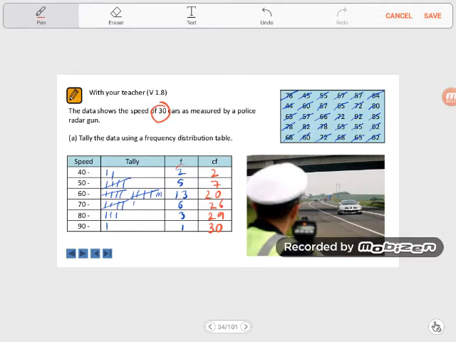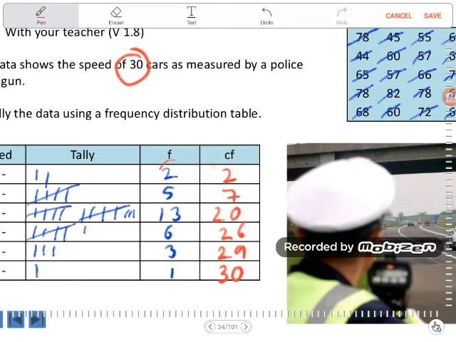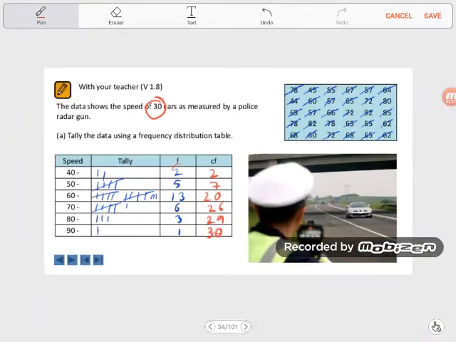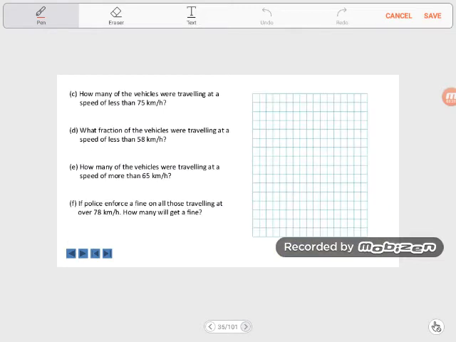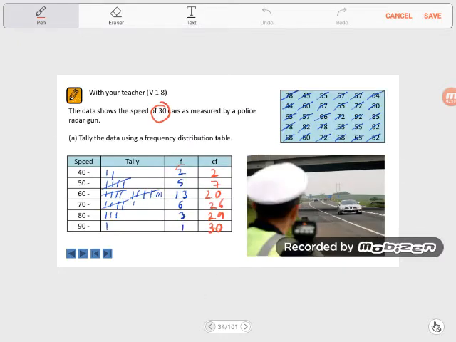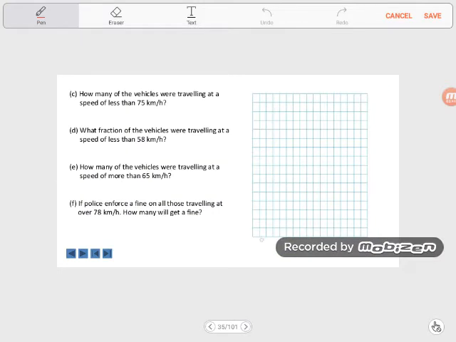Okay, so now the ogive is all about this cumulative frequency. So I'll go over to the next page. Now we've got to draw the ogive here. So if we look back, we know we go from 40 to 50, and we've got 1, 2, 3, 4, 5, 6 groups, and over here we've got 17 divisions.